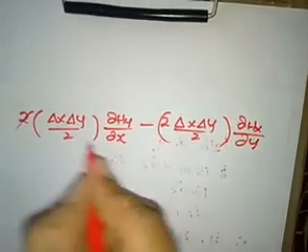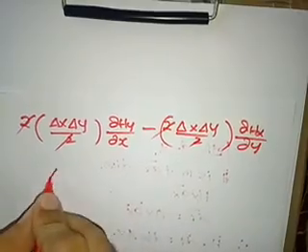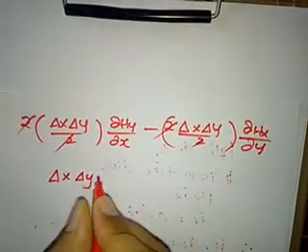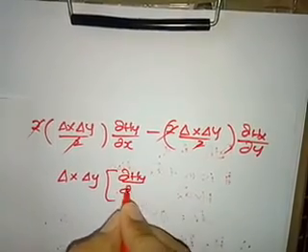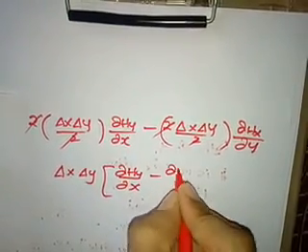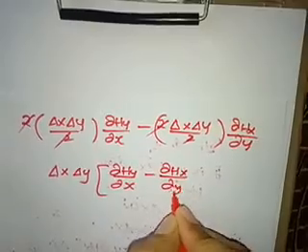So 2 and 2 will cancel here, 2 and 2 will cancel. Delta x delta y is common, so if I take it common, it will be dou hy by dou x minus dou hx by dou y.